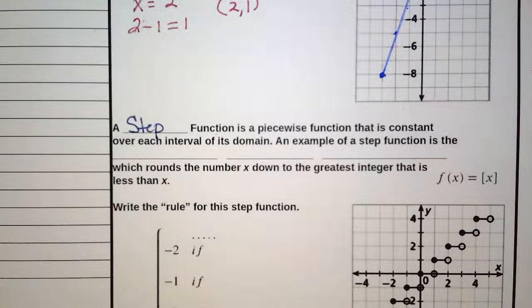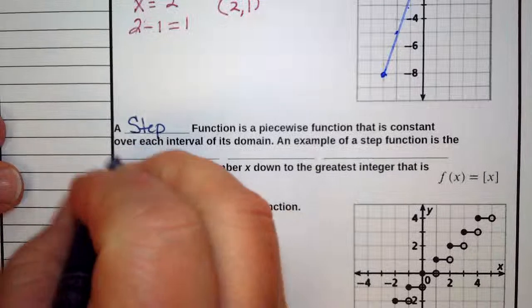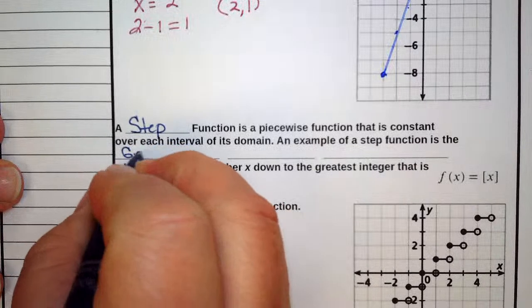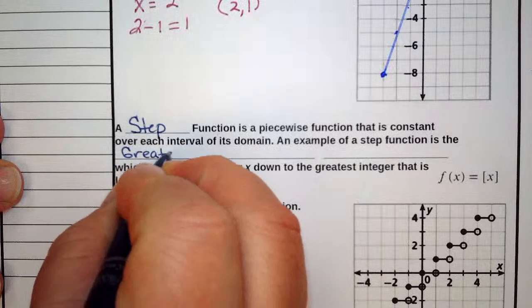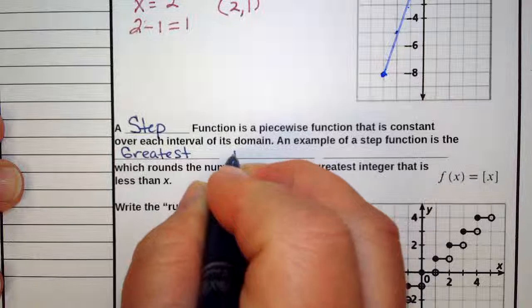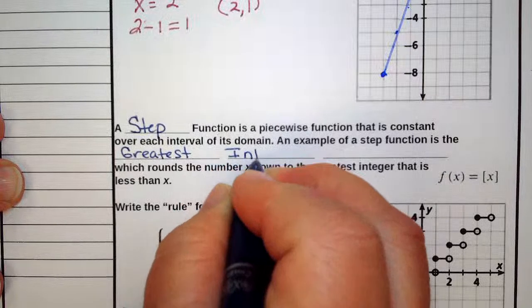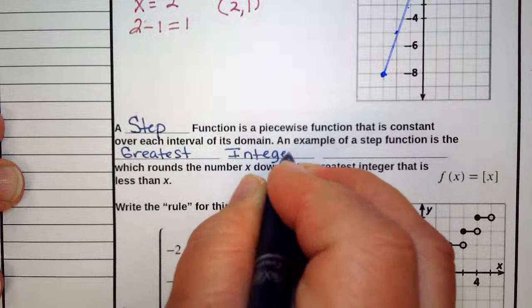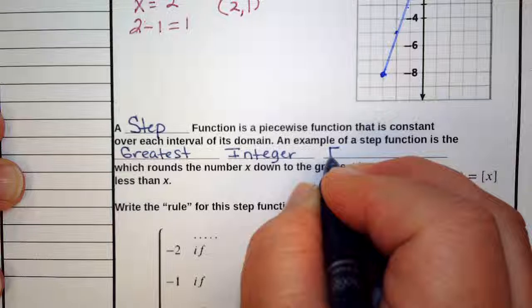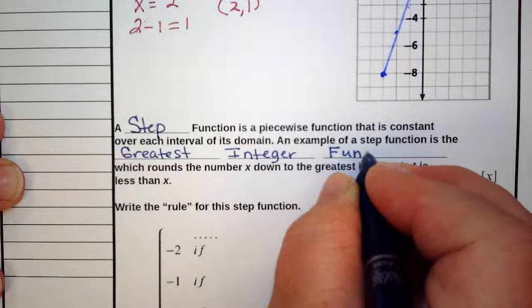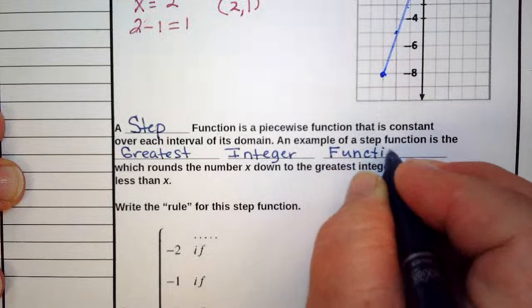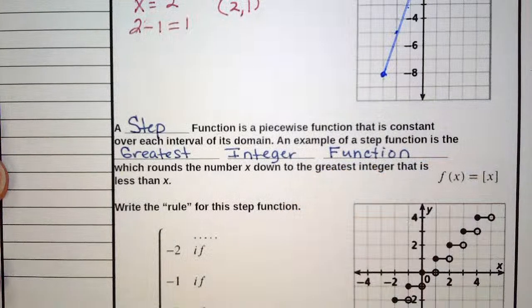It's called the greatest integer function, which rounds the number x down to the greatest integer that is less than x.